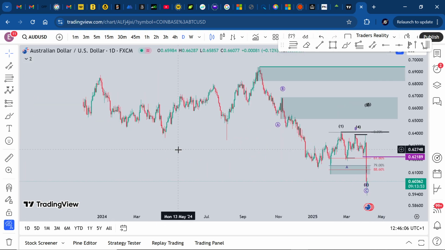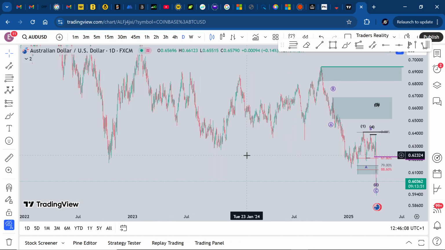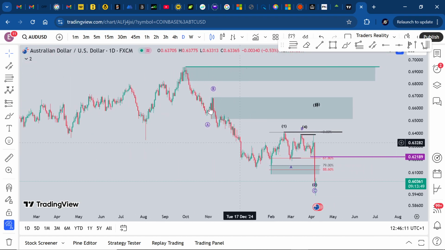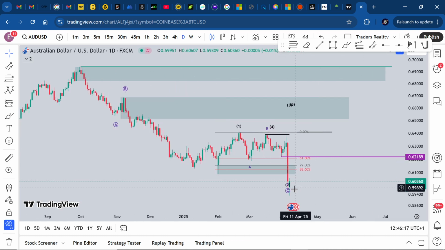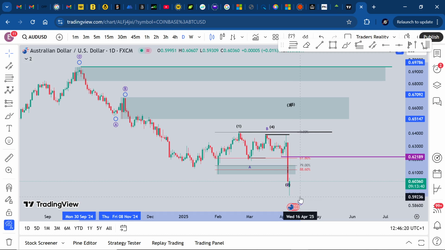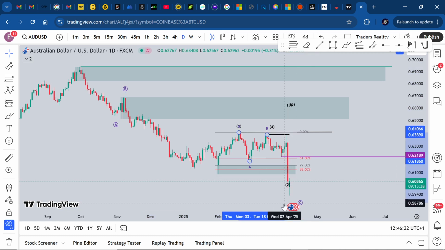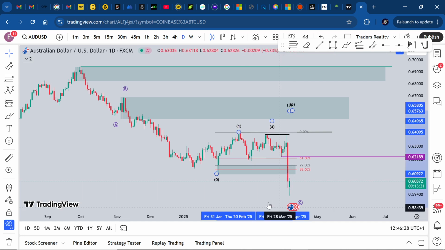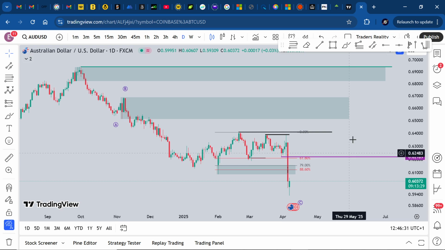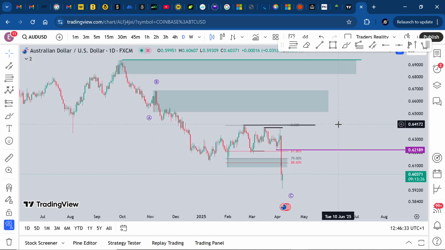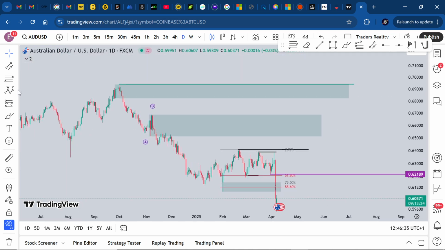So to me right now, this can alternatively be 1, 2, 3, 4, and we're doing that 5th wave, or we just finished that. So I'm just going to put an alternative count on here.